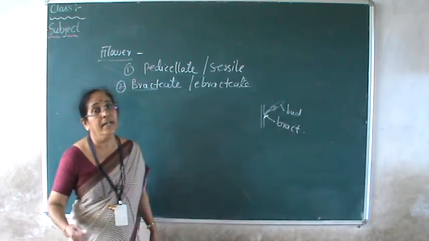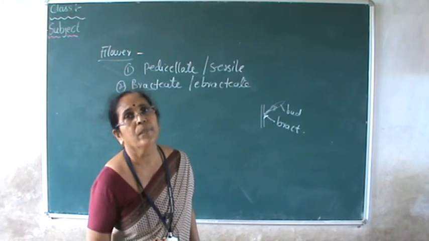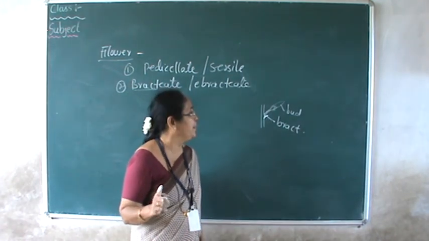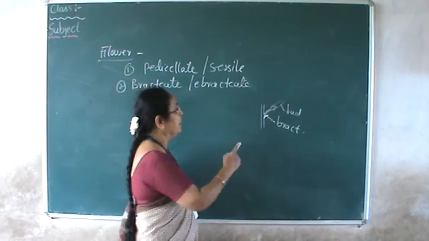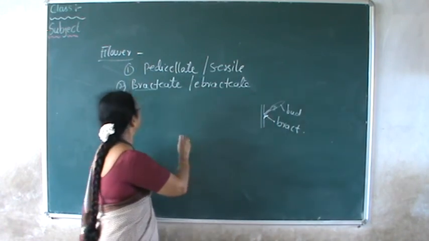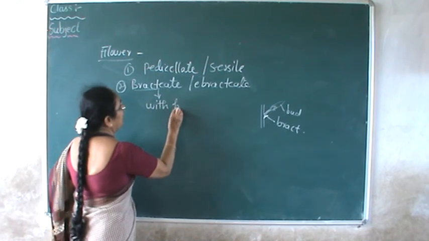It will always be there singly. If you find two, that is different; a leaf is characterized by two stipules. This is a bract. If this kind of leafy structure is present at the base of the flower, then you are going to describe the flower as bracteate, with bract.